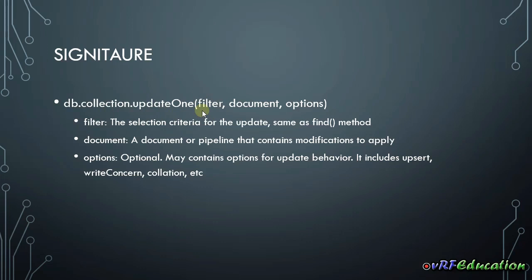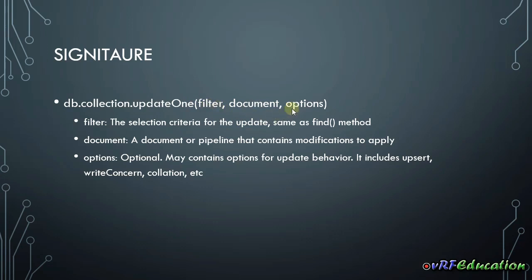This is the same as the object that we pass for the find and findOne methods, so we already know a lot about this query object. After that, we need to provide a document, another object that contains new values for the document that will be specified by this filter.